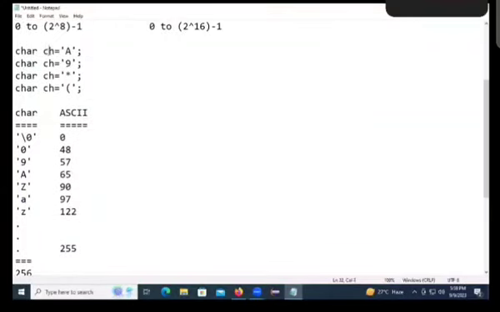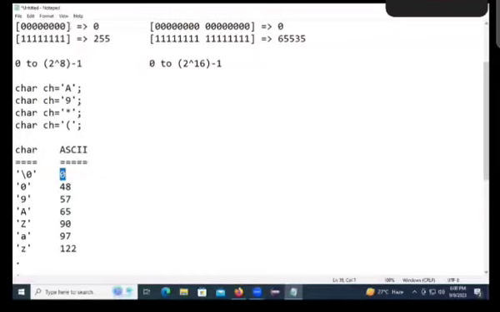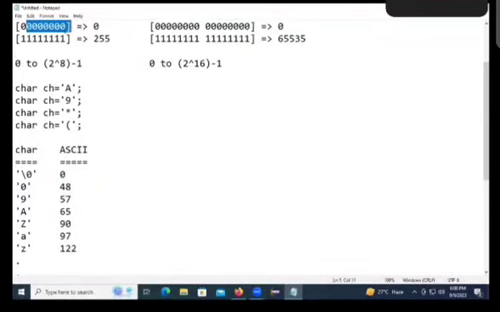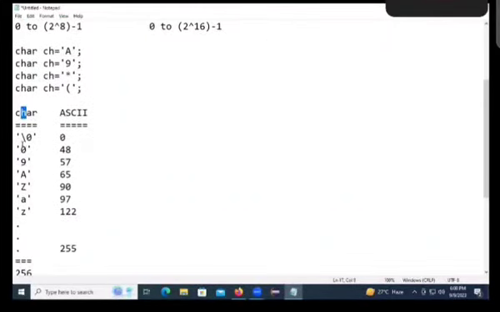So whatever character you are showing, if C is equal to 'A', then convert A to binary and represent it. So the maximum value is 255, minimum is 0. How much memory is required? 8 bits is enough. You take 8 bits of memory, minimum we can store 0, maximum we can store 255. So any character from this character list we can accommodate in the character variable in C if it allocates 8 bits of memory. Understood why it is 8 bits?